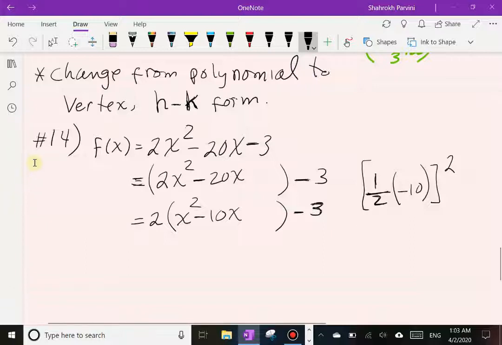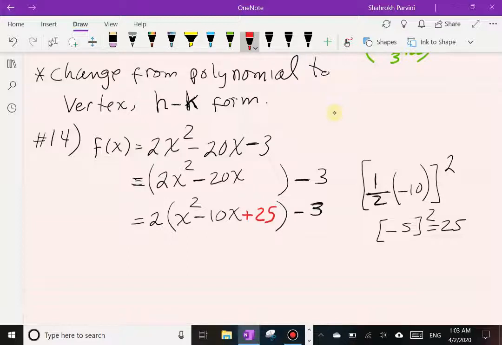That's half of the coefficient on x. Remember that work? Half of negative 10 would be negative 5. Negative 5 squared is going to be 25. So I'm going to, in red, add 25 in parentheses.